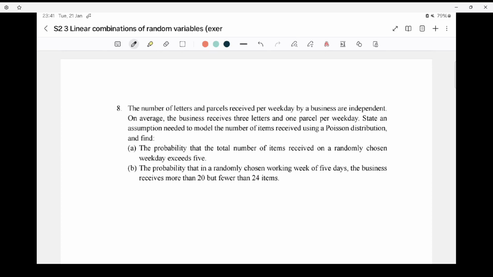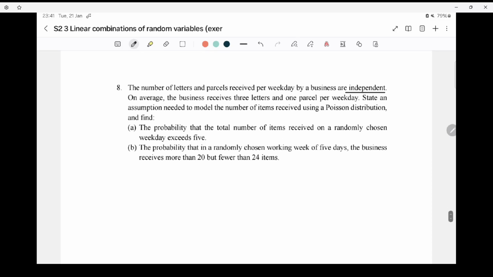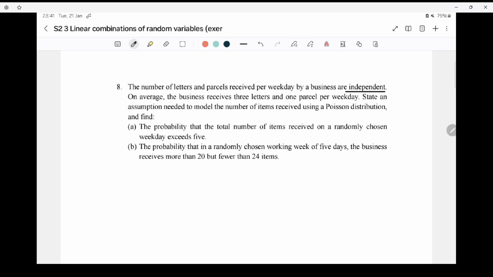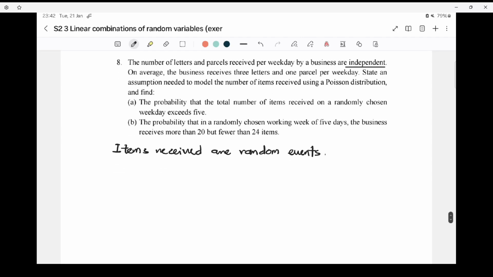The independence is already assumed in the question, so the other assumption is that the items are received as random events. You can also say that they happen singly, meaning you don't receive all the items at once. Those are the assumptions for the Poisson distribution from the previous chapter.